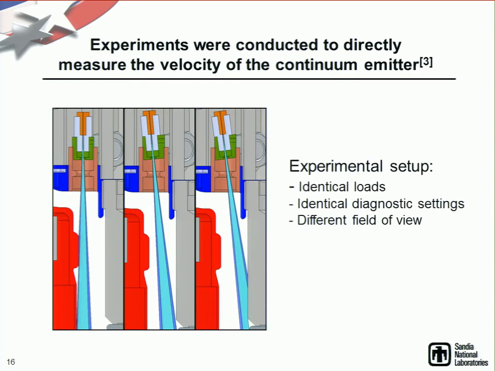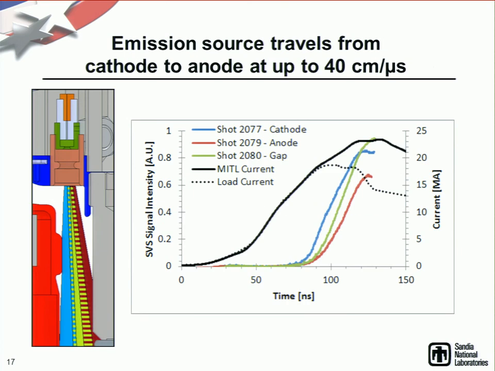Another measurement to confirm this plasma velocity is that we look down into the gap at 3 different angles for nominally identical shots, and look at the turn-on time of this continuum emitter. Here these 3 angles are overlaid, and you can see there's some overlap.